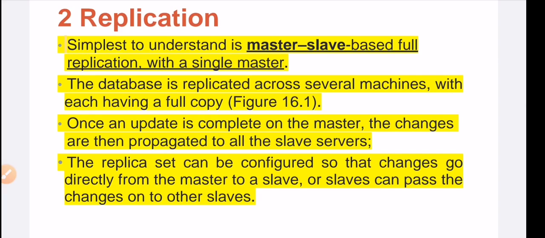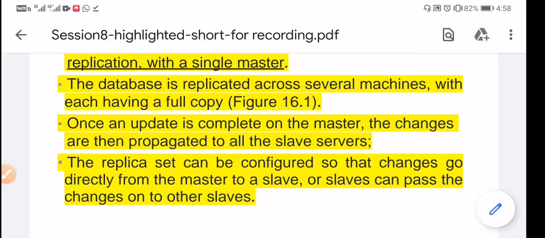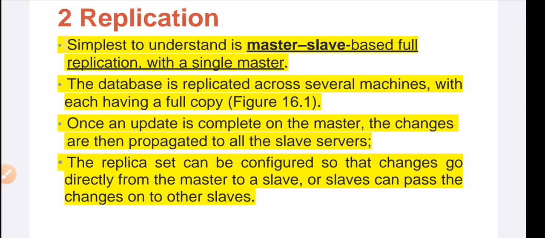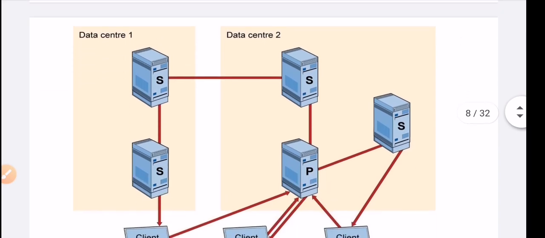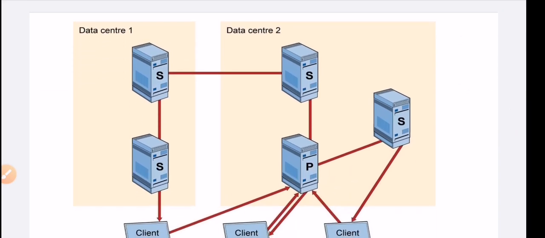The replica set can be configured so that changes go directly from the master to the slaves, or even a slave can pass the changes to another slave, as shown here. So we have two data centers. The first data center has two computers or two servers, let's say.